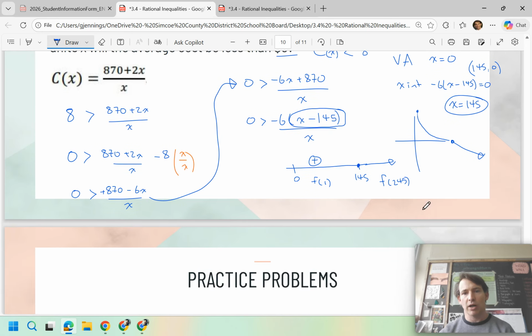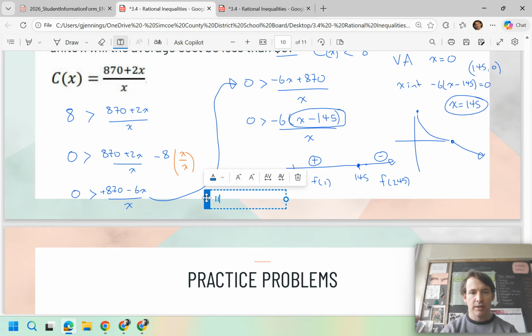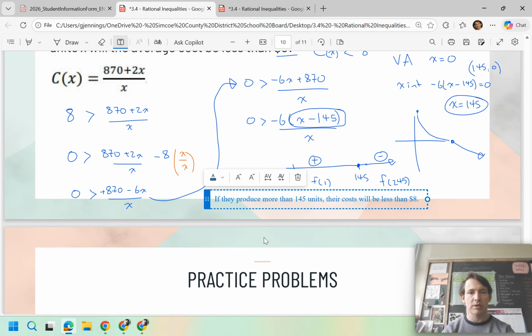So that's where our costs dip below 8. So we are negative in this range. So then I might say, if they produce more than 145 units, their costs will be less than $8. The full sentence answer would look something like that.